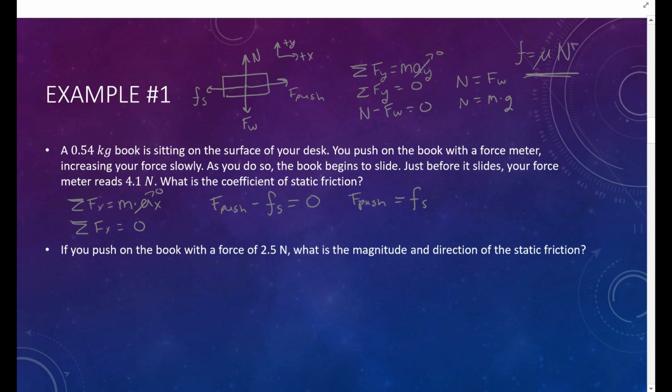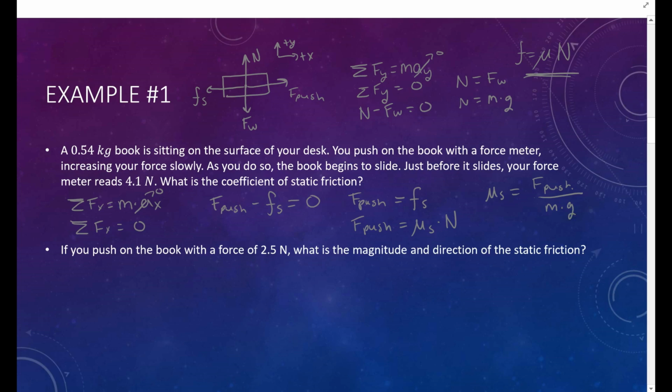So my F push is equal to mu s times my normal force. Remember, we established before that my normal force was equal to mg. So when I rearrange this equation for the coefficient of static friction, I see F push divided by my normal force, which was my weight, my mg.